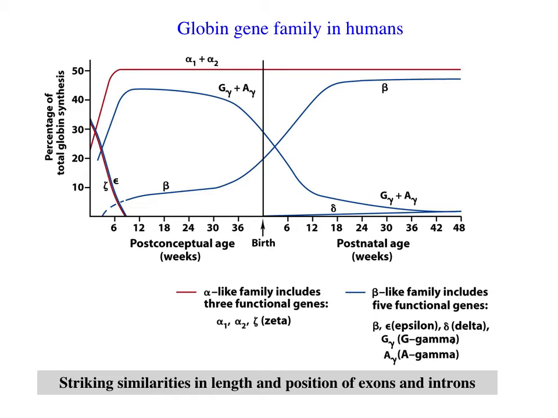So what's the purpose of this? First of all, how do we identify genes that belong to the same family? How do we say that 2 genes are two members of a gene family or just completely different independent genes? We look for similarities in length and positions of the exons and the introns.